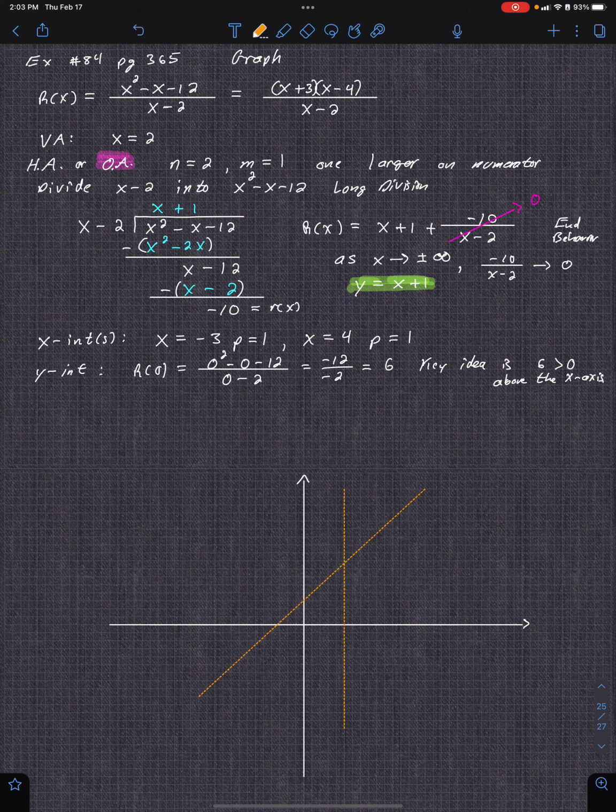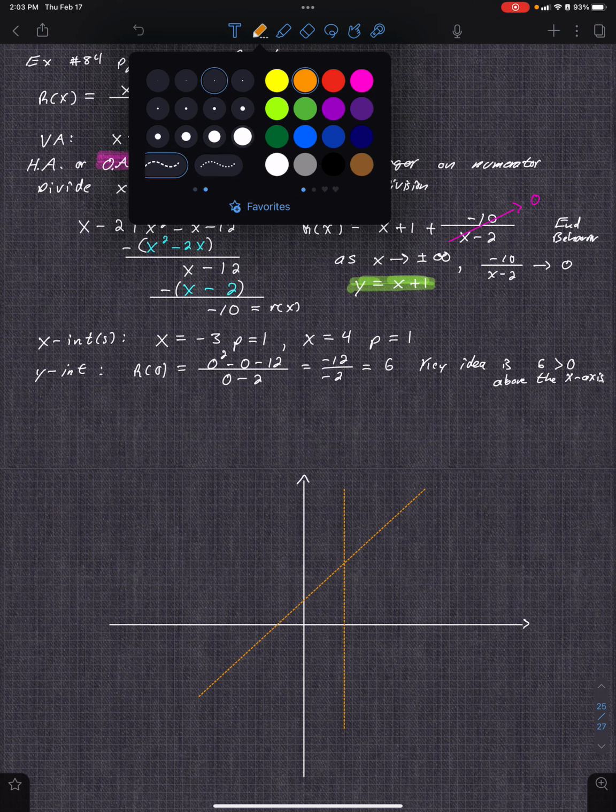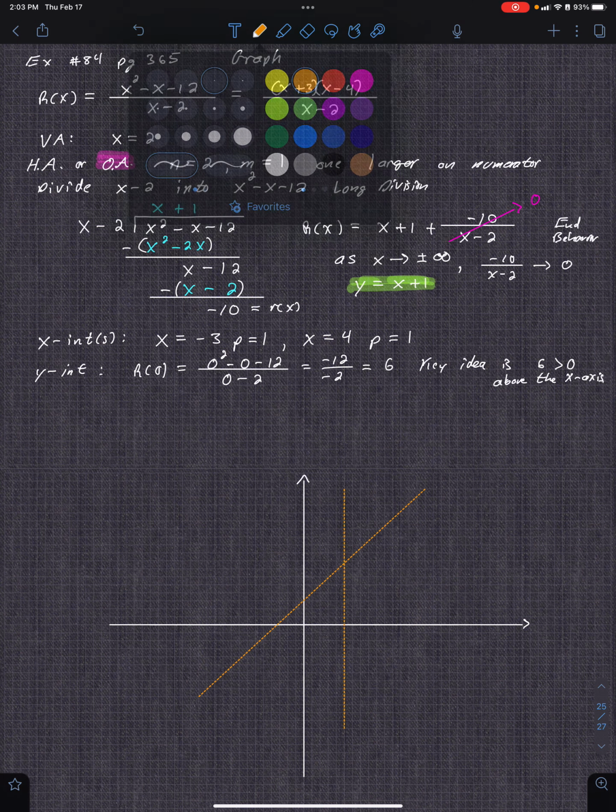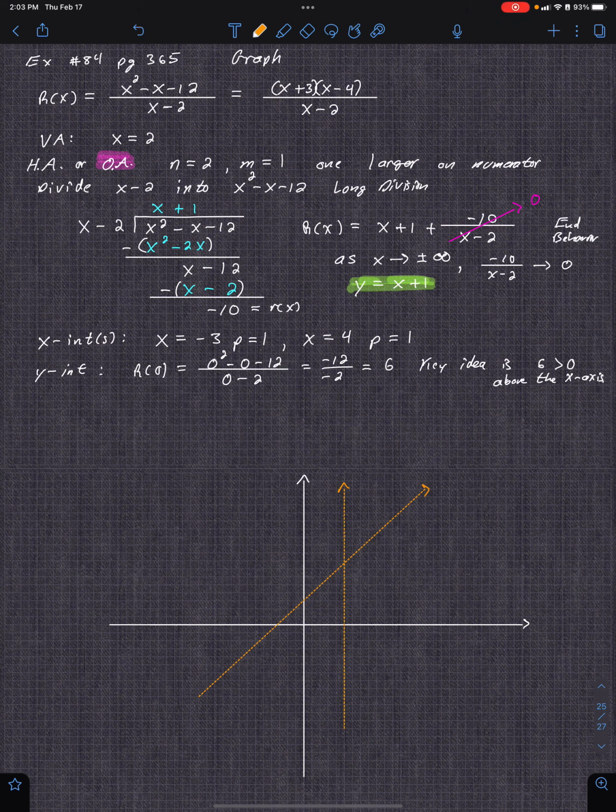So there's our vertical. And now I'll go ahead and put in the arrows and label. So you want to label this. This is your x equals 2, and this is your y equals x plus 1. Okay, and I put this down too. Your slope is 1 over 1, and your y-intercept is 0, 1. So this is going through 1 right there.